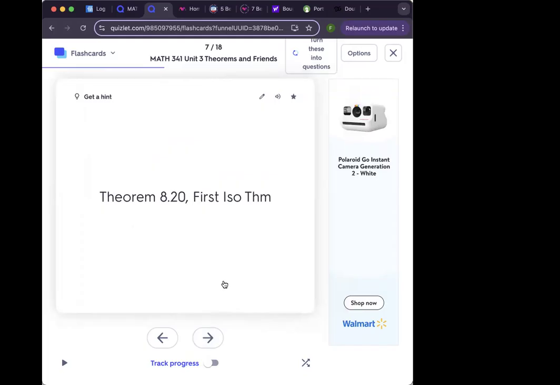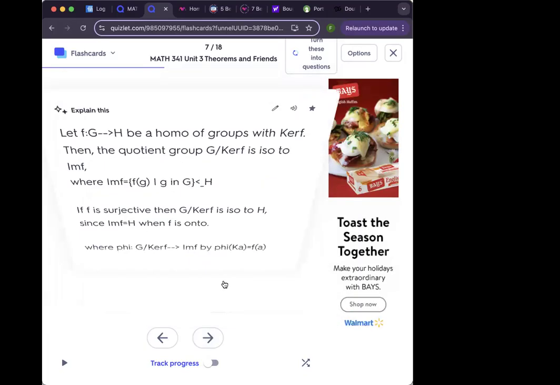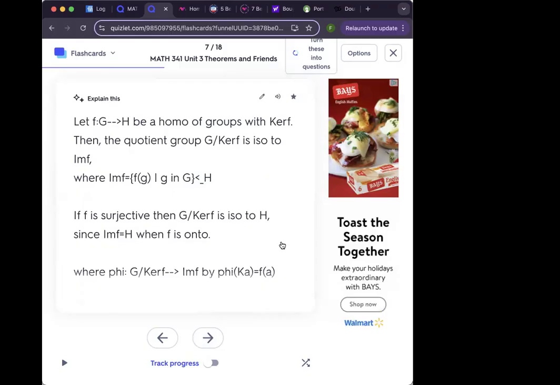Theorem 820, or the first isomorphism theorem. Let F of G to H be a homomorphism of groups with kernel. And with kernel just means the kernel exists, right? Because we have that group homomorphism.